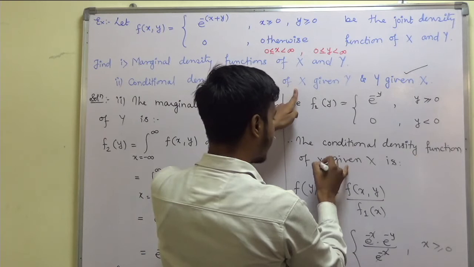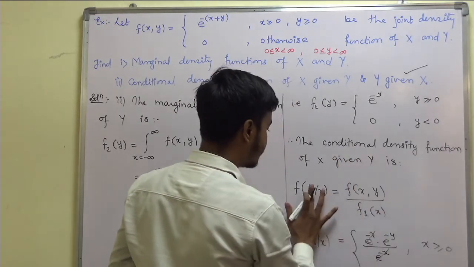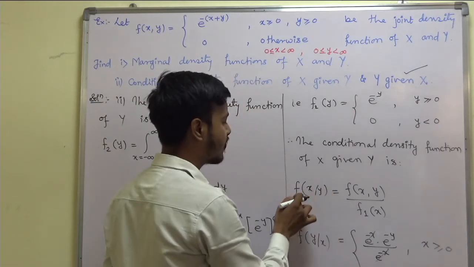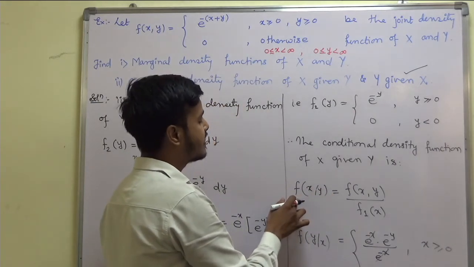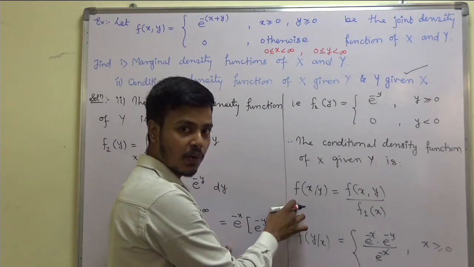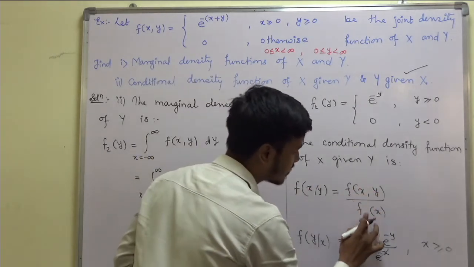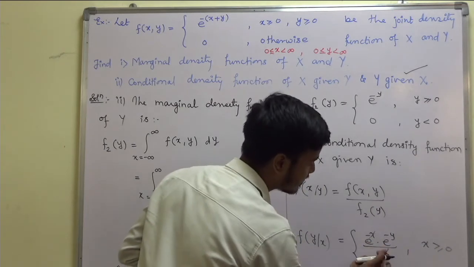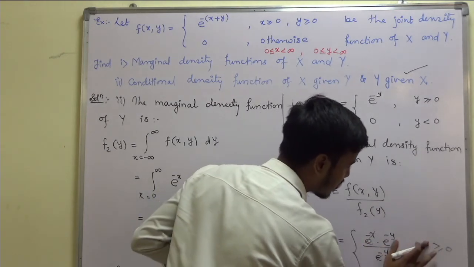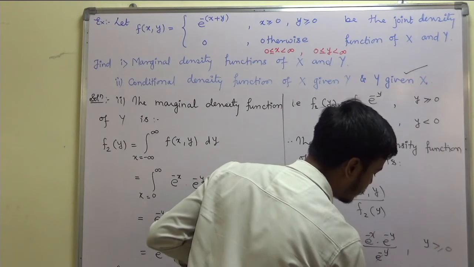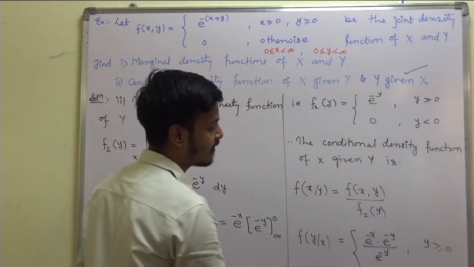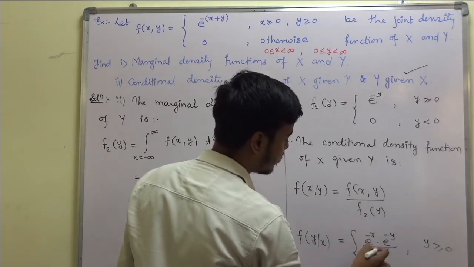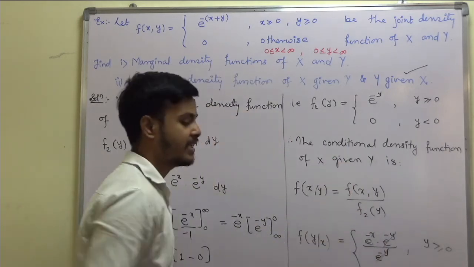Therefore the conditional density function of x given y is f of x, y upon f2 of y. So it is e to the power minus x into e to the power minus y, upon e to the power minus y for y greater than equal to 0, and for y less than 0 it is 0. This gets cancelled, so we remain with e to the power minus x.